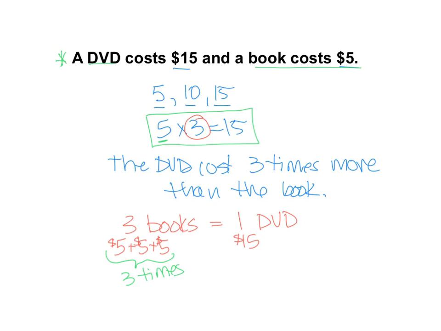The 15 represents the cost of the DVD. When we're thinking of comparison statements, we want to know what is the relationship between the two. So in this situation, the relationship is that it takes 3 books to equal 1 DVD. The cost of the DVD is 3 times that of the book.